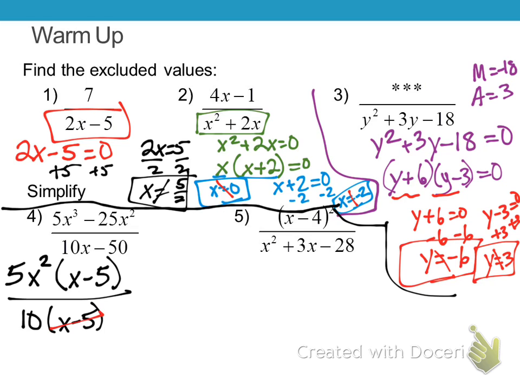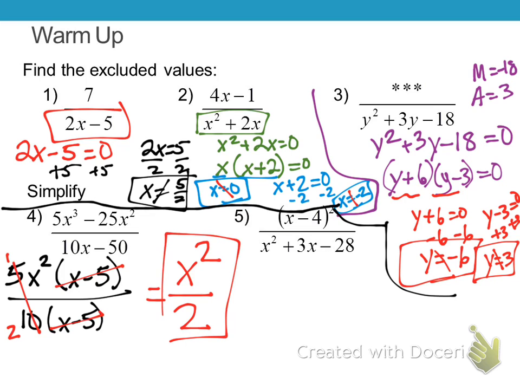All right, so x minus 5 and x minus 5. What else? 5. The 5 and the 10 becomes a 1 and a 2. All right, so in my numerator, I have 1 times x squared, which is just x squared. In my denominator, I have 2.